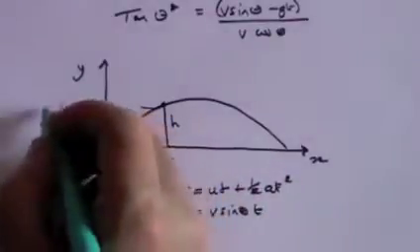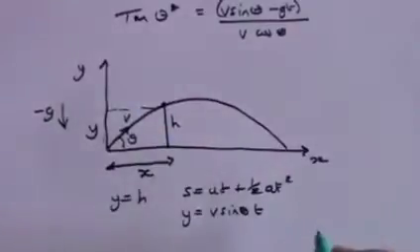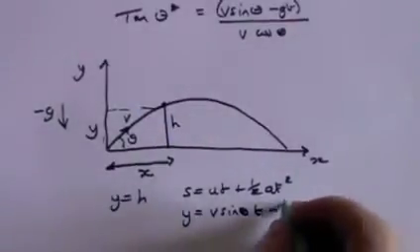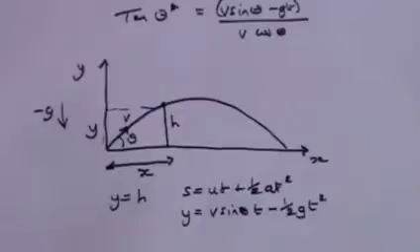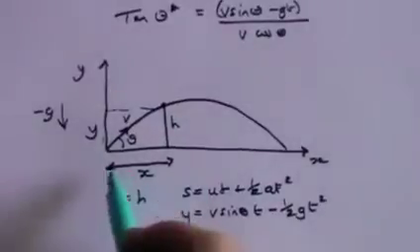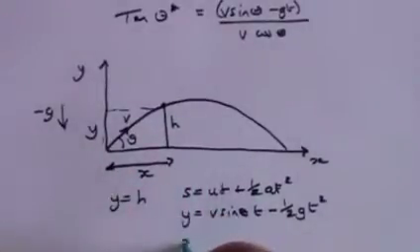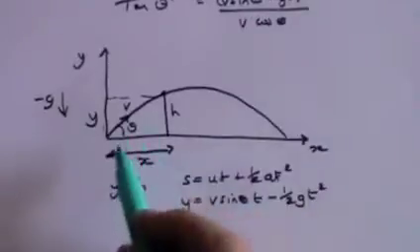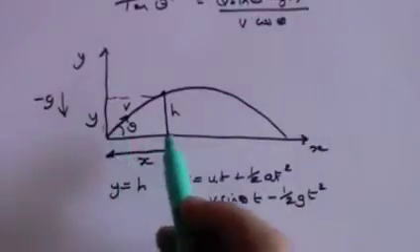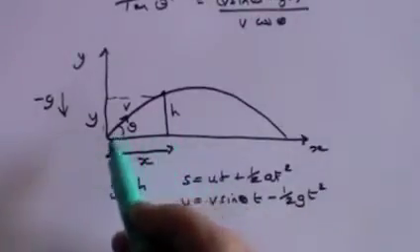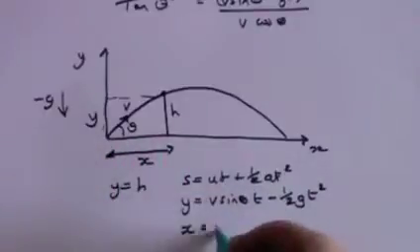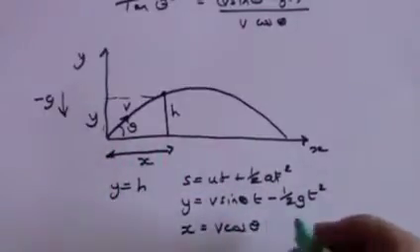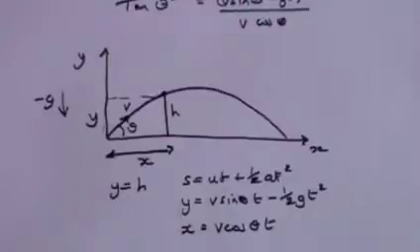Well, a, as we know, is g, but it's in the downwards direction, so that will be minus a half gt squared. The value for x, however, is much simpler. X, because no gravity applies, is simply the velocity times the time. The component of the velocity is v cosine theta times time.